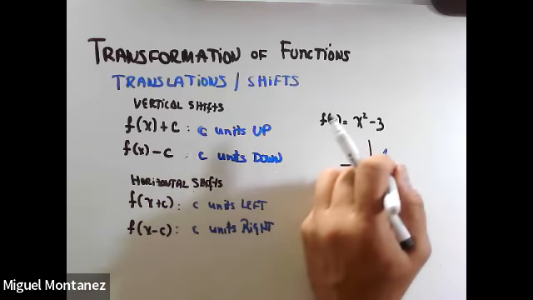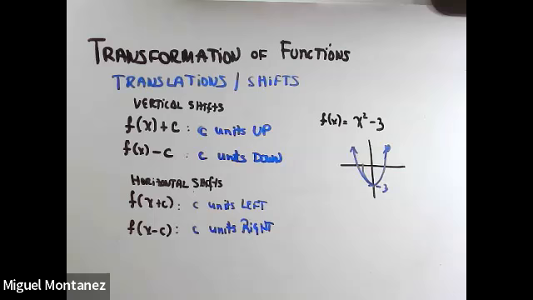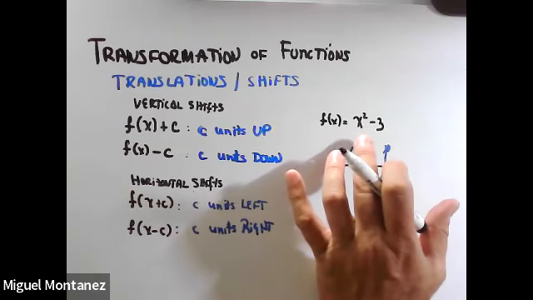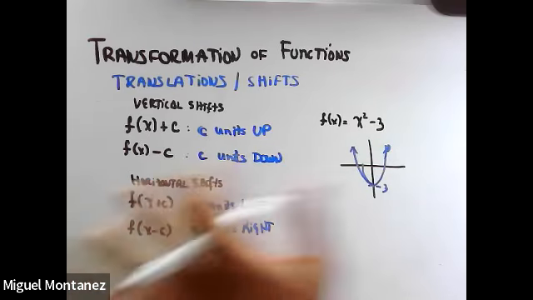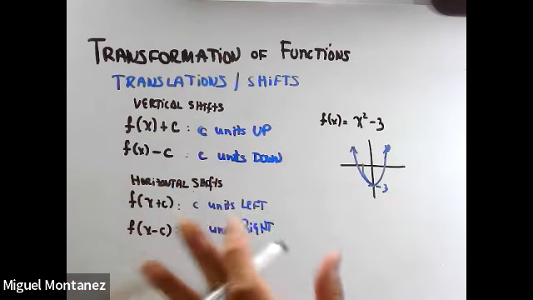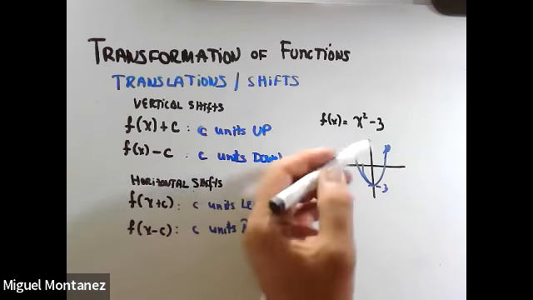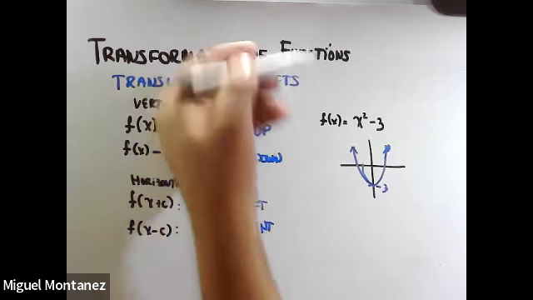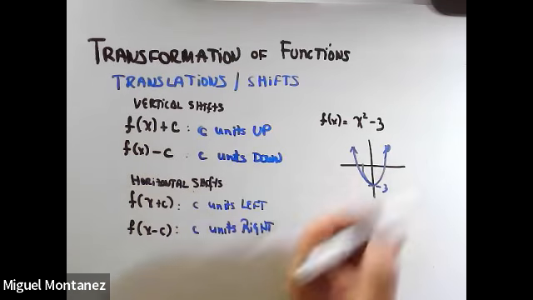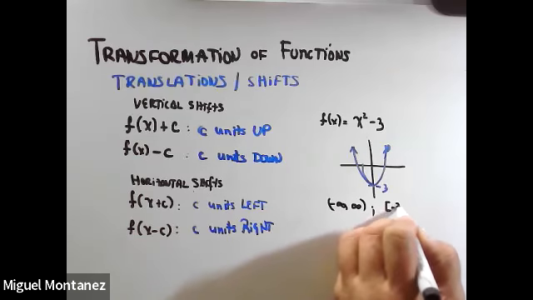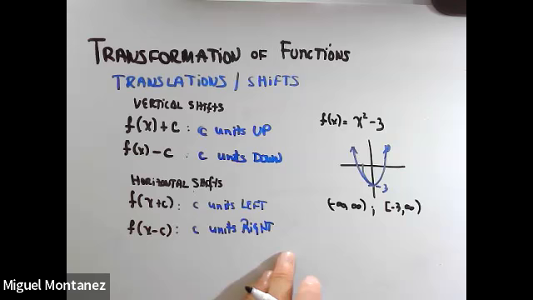Now, by the way, in the quadratic function, the domain is always all real numbers. It doesn't matter what we do with the poor thing, the domain is always all real numbers. But the range, before it was from 0 to infinity, now it's going to be from -3 to infinity. The domain is negative infinity to infinity, and the range is from -3 to infinity.